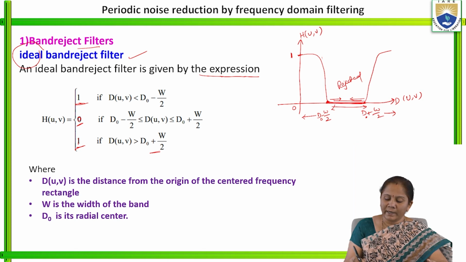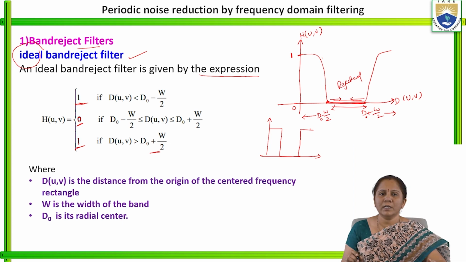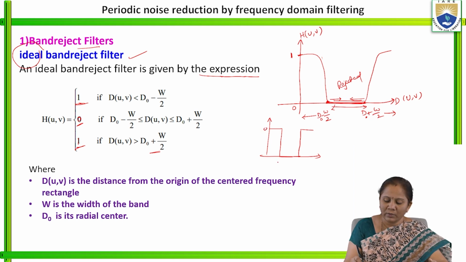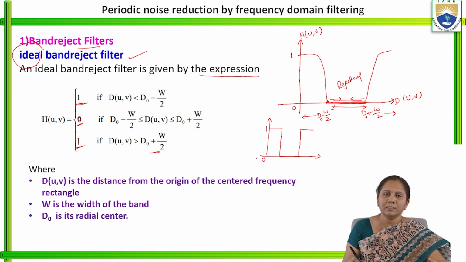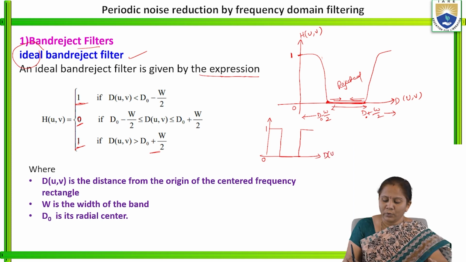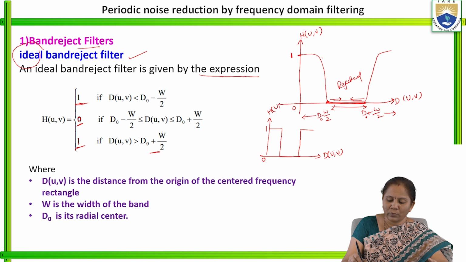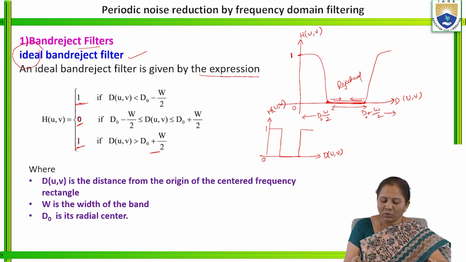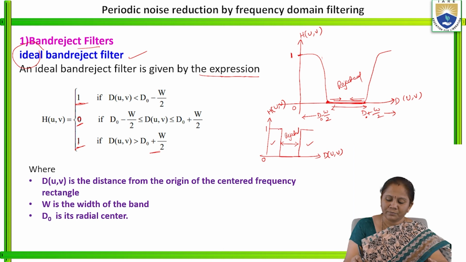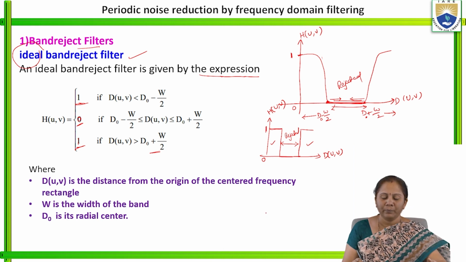As this is the ideal case, we can consider the ideal band reject filter like this, because it will have a sharp transition. This is 1 and here it is 0. This is D of u comma v, and this is H of u comma v. These are the band of frequencies that will be rejected, and these band of frequencies will be passed. That's why here the amplitude is 1.